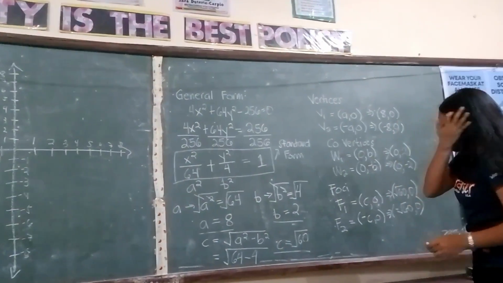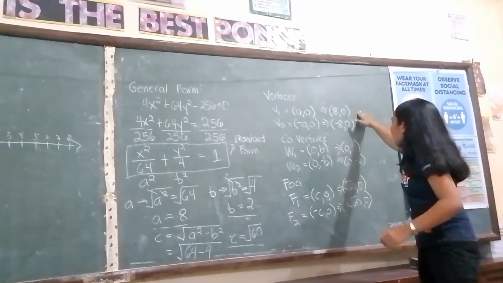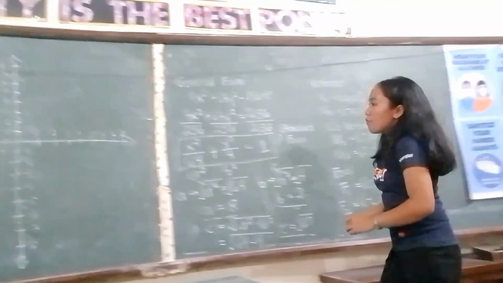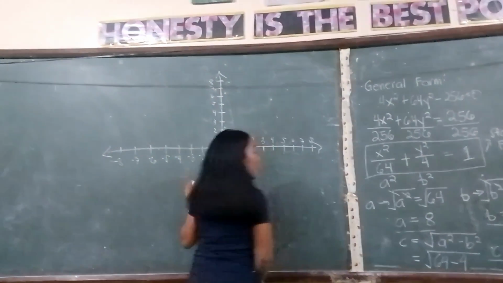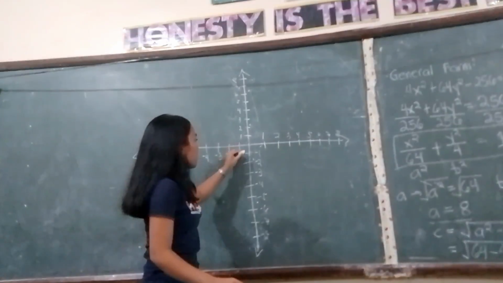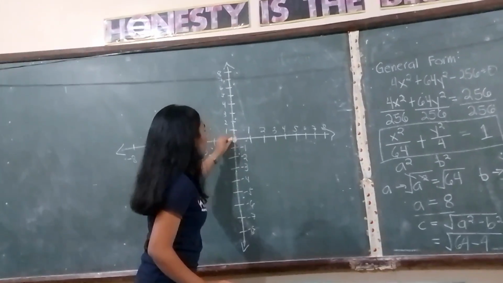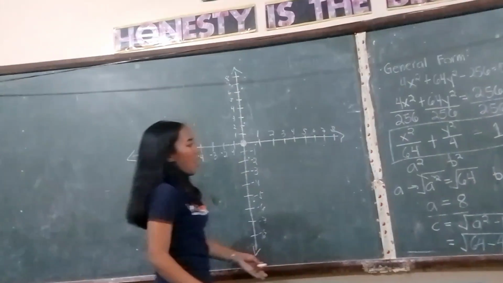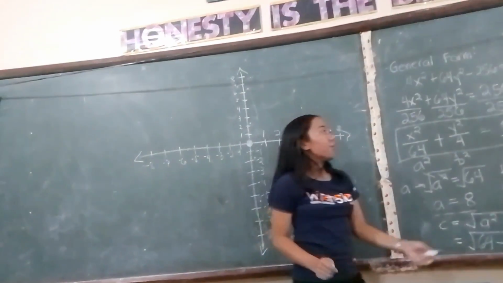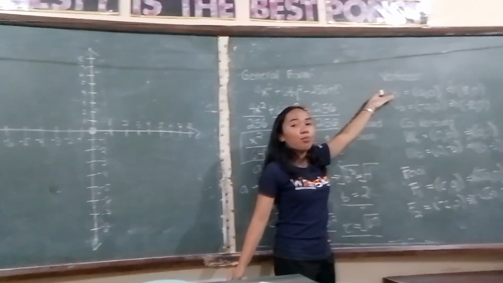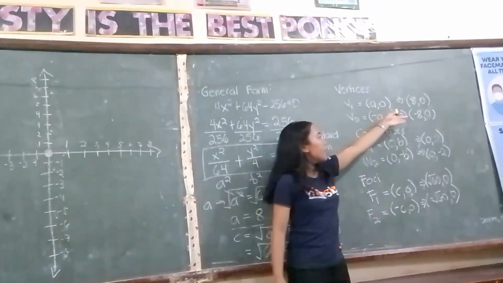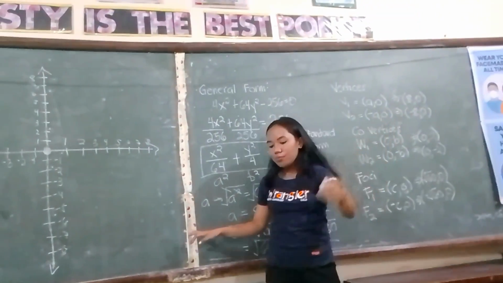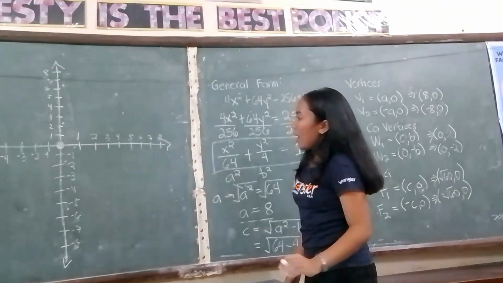So we have to plot these coordinates. First, we have our center, which is 0 and 0. So here is our center. And for our vertices, V sub 1 is equal to 8 and 0.